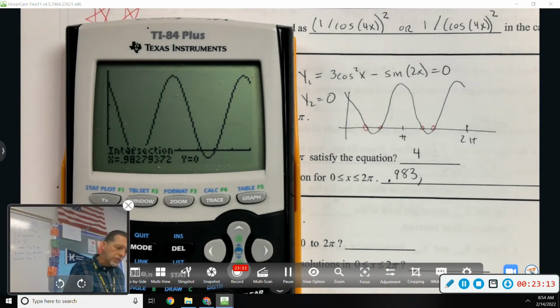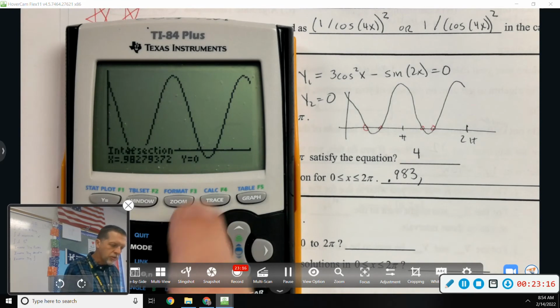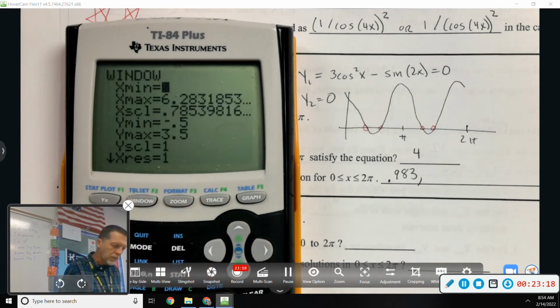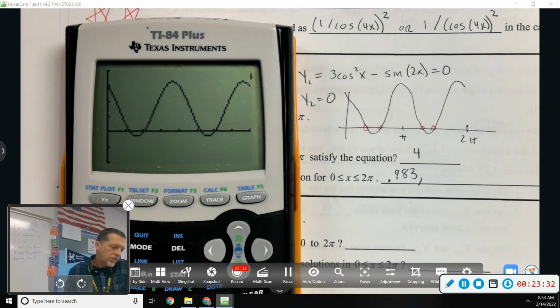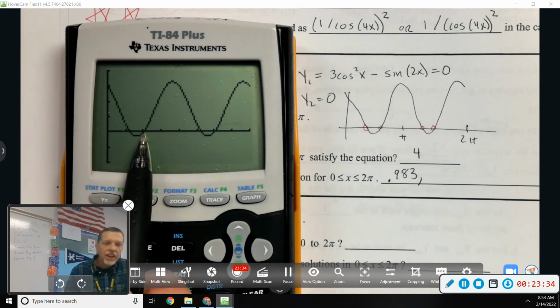And then I need to do the same thing. And here's where getting too cute with the windows sort of messed me up. I'm going to change my ymin back to something else so that it's not in the way of the words down there. Okay, same steps. Now I'm aiming for this second intersection.